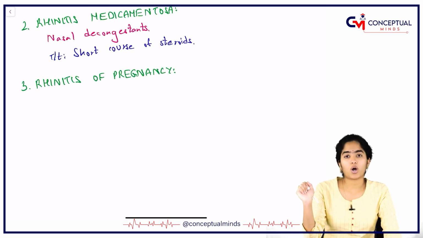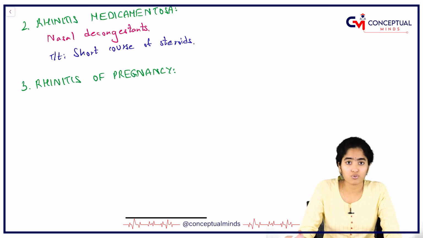Now, the most important point in rhinitis of pregnancy is that when you are treating it, you should be extremely mindful about the teratogenic effects of drugs because the woman is pregnant. We cannot prescribe just any antibiotic if infection occurs, and even for this non-infective, non-allergic rhinitis, the prescription of drugs should be very, very careful.